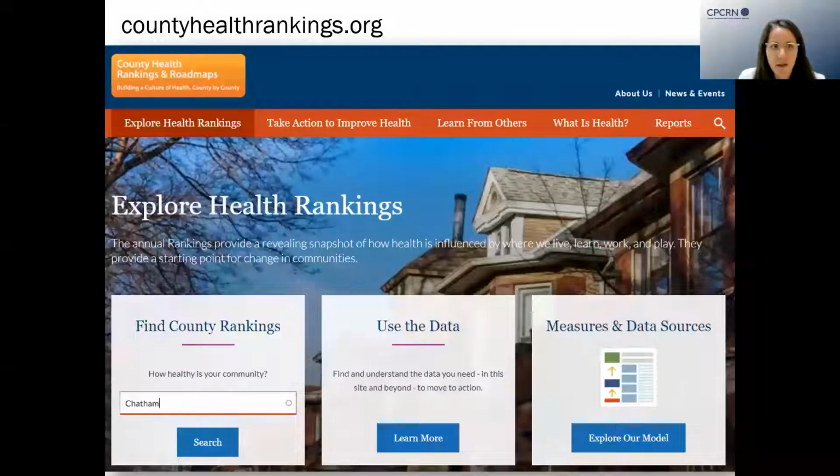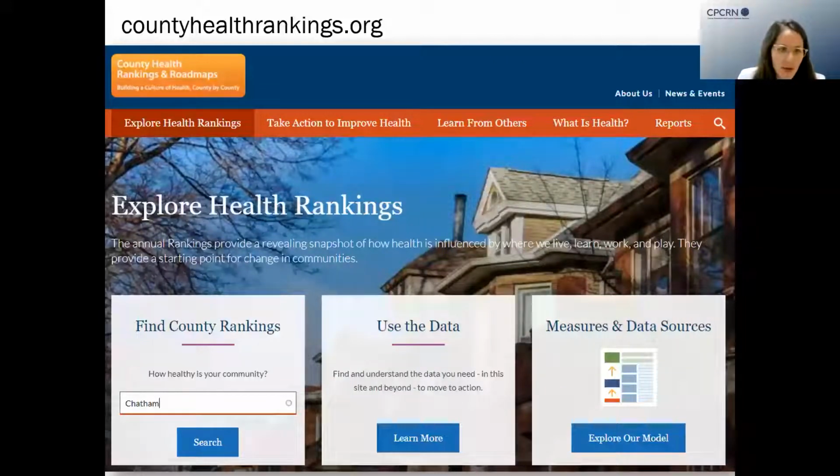Now we're going to explore another resource to find factors sort of like what we just brainstormed. So this is a fun resource because it can help you explore sort of where your county ranks among the rest of the state as well. And so a link to this is also included on the handout that we sent.